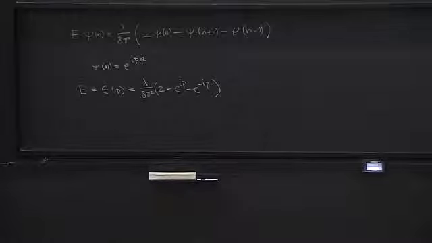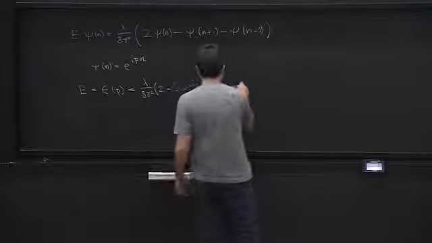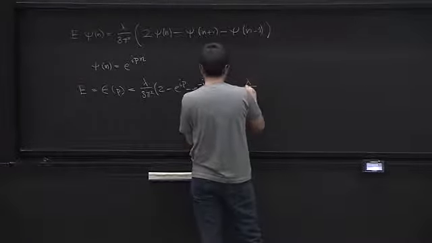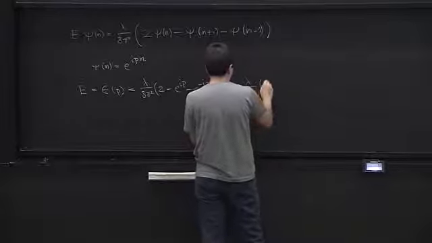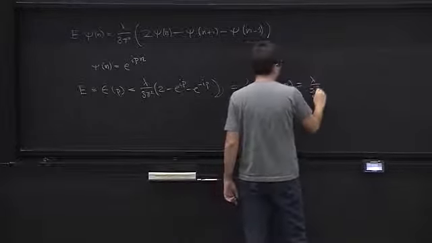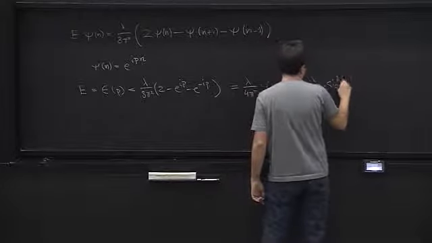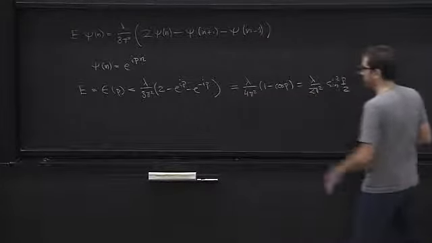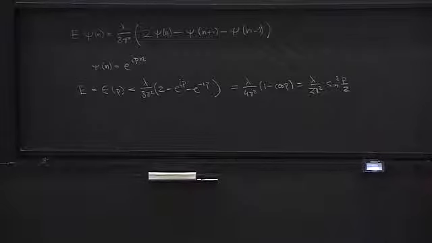Is it clear? Just plugging in the wave function and dividing by e to the ipn. So this is equal to lambda over 4 pi squared times 1 minus cosine p, which is lambda over 2 pi squared sine squared of p over 2. Okay, very good.